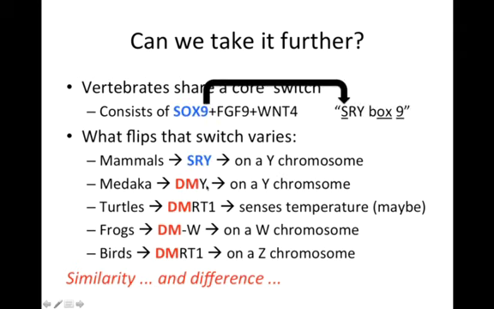And the similarities would seem even more striking if I had told you that SOX9 means the SRY box 9. Right, so all the genes that are serving as the gene that flips the switch are related, right? These 4 are related to each other, and then this one is related to one in the core switch. So while I've told you that these are independent, they're on different chromosomes, there seems to be some similarity. So in this video, we're going to try to understand a little bit more about why.